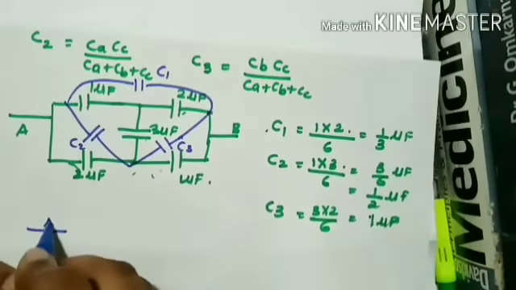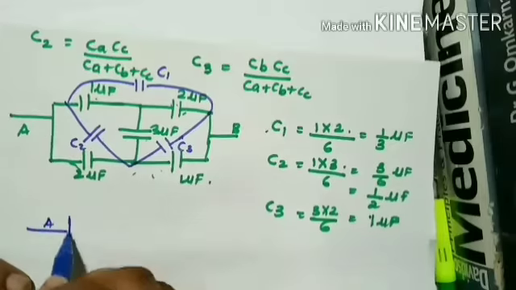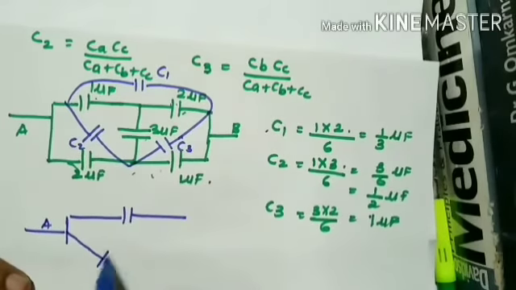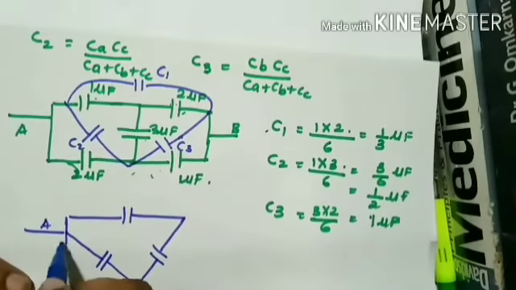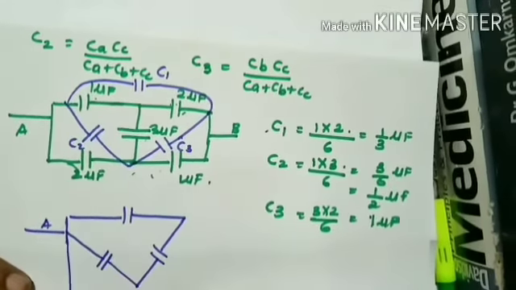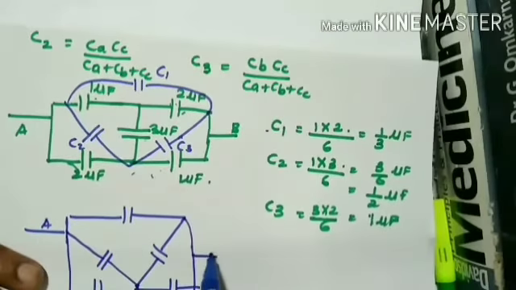Now you have a terminal A, in place of these three you have C1, then you have C2, then you have C3. I hope it is clear. Then you have a 2 microfarad here, and then you have a 2 microfarad here. The circuit is completed.